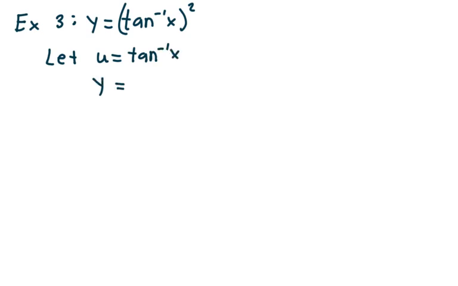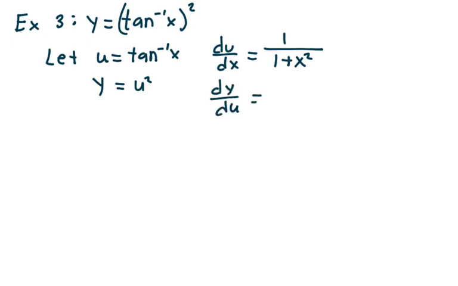So y is u squared. du dx is 1 over 1 plus x squared. So you notice it's always a game of what's inside, what's outside. dy du is 2u.